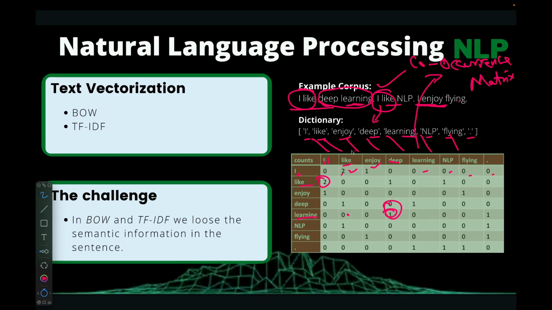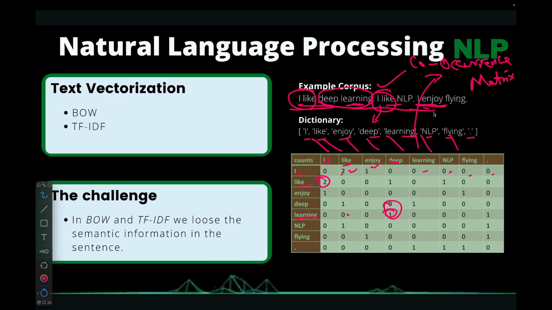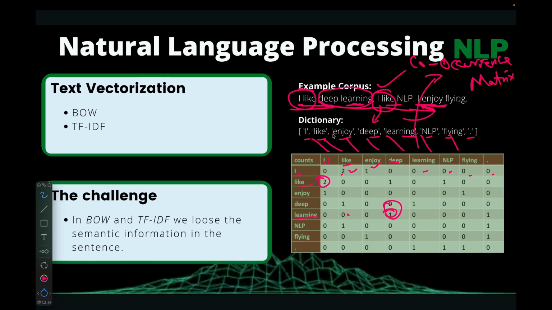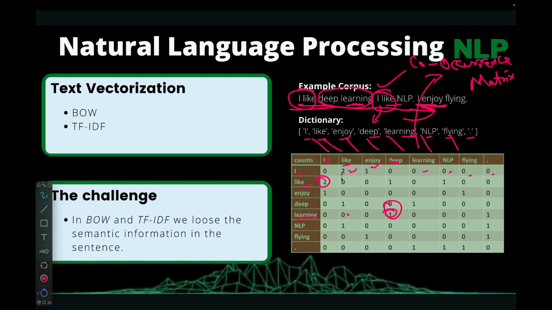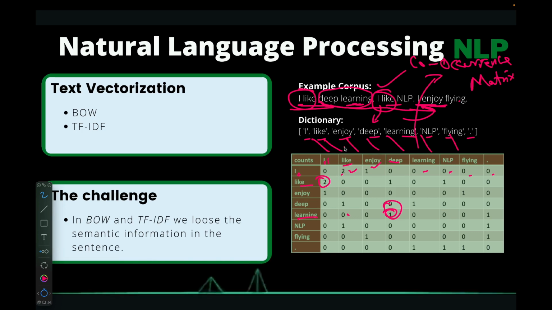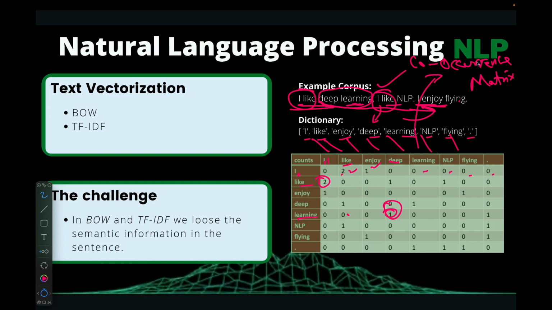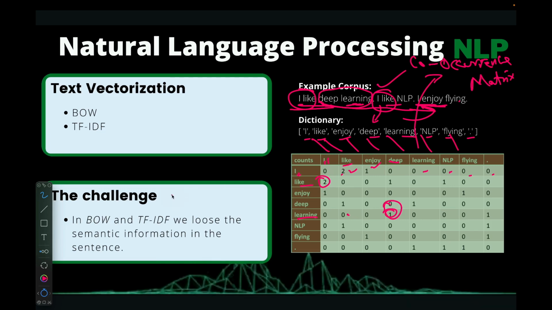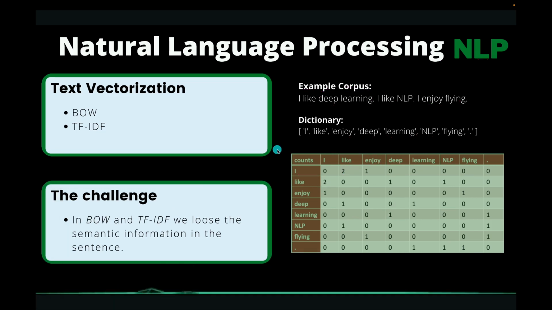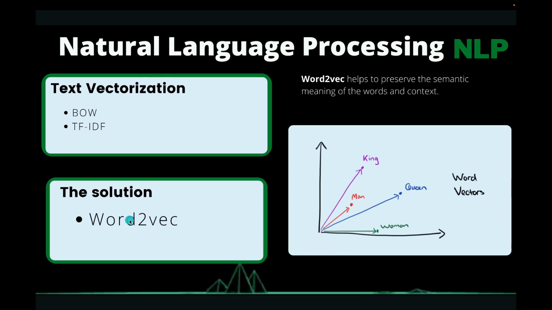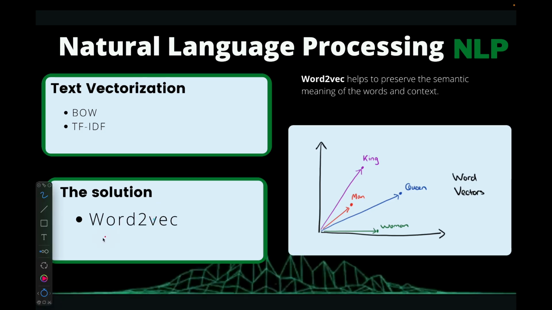It doesn't really care about the sequence or the context in which the word is appearing; it doesn't give attention to that. We just represent them in a co-occurrence matrix, and that's it. That becomes a challenge. The solution here is using Word2Vec.